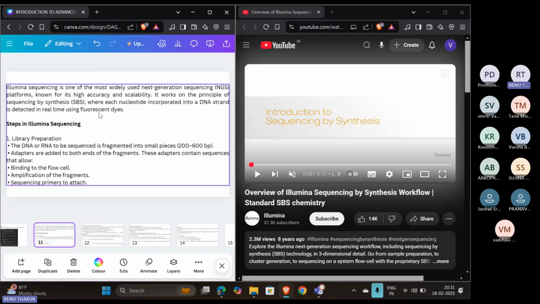So the steps in Illumina sequencing are, the first step is your library preparation, okay? So you will choose the DNA. Suppose, let's take a case here where you want to detect a genetic variation in a person suffering from a genetic disease, okay?